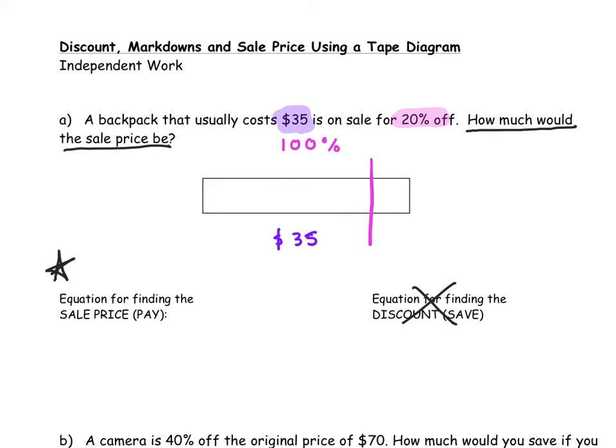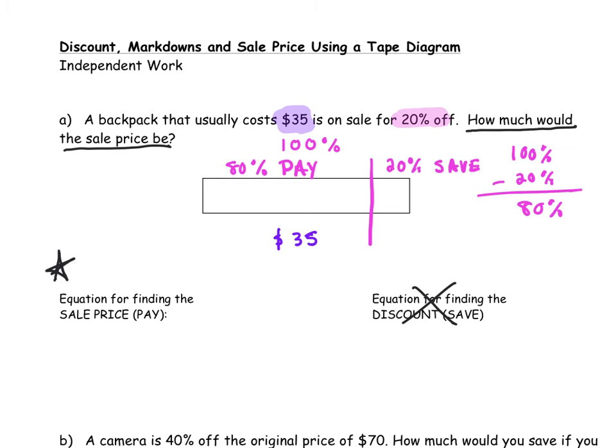So I'm just going to eyeball it, and I'm going to call this part that I cut off 20%, which means that the other side, if I had 100% and I'm taking off 20%, the other part of the tape diagram would be worth 80%. And this is what is very important. This is the amount that we're going to pay. This is the sale price. And this percentage is the amount we're going to save.